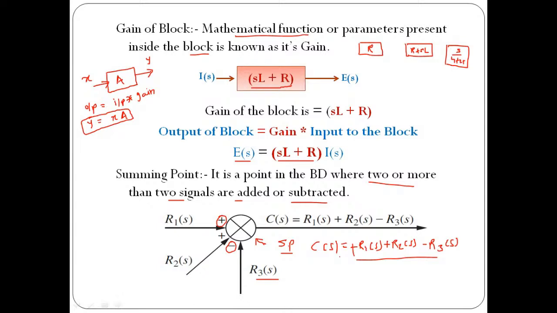Please note down these points because these are fundamental points that play an important role when solving numericals on block diagram reduction technique. That type of numericals are commonly asked in GATE. You have the representation of a system in the form of a block diagram and your objective is to find its corresponding transfer function using the BDRT, block diagram reduction technique rules.